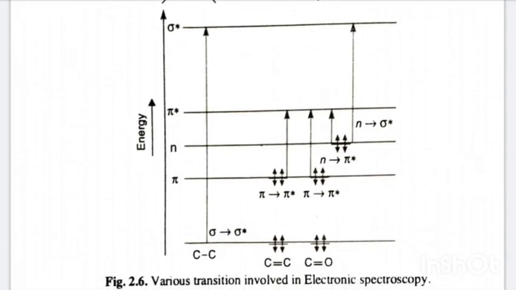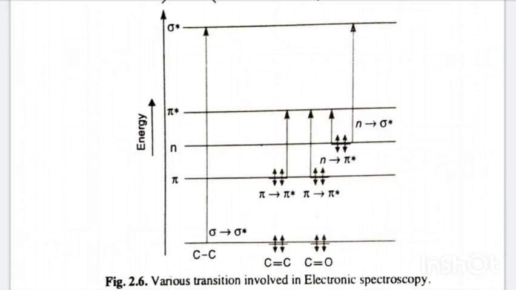And the third one is pi to pi star transition, which happens in the double bonded carbons, where along with the sigma bond, one pi bond has to be there. Then only the pi bonding orbital and pi star anti-bonding orbital will be available for transition. And the fourth case is n to pi star. It happens in the case of ketone-like compounds, where the energy level is very minimum. So the non-bonded electrons from the oxygen will get excited to the pi star anti-bonding orbital.